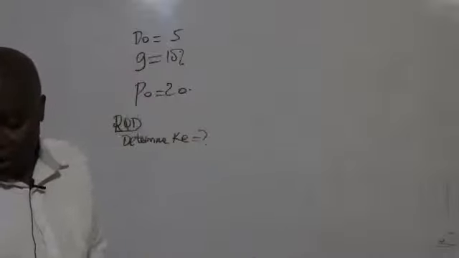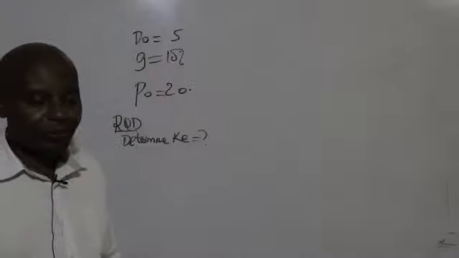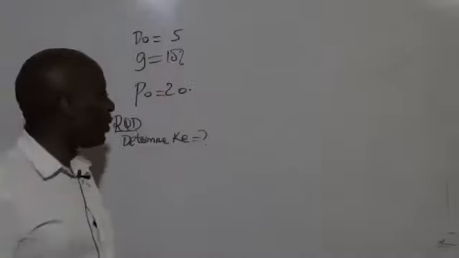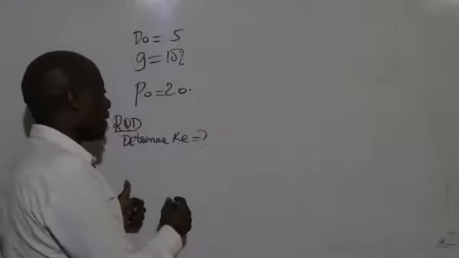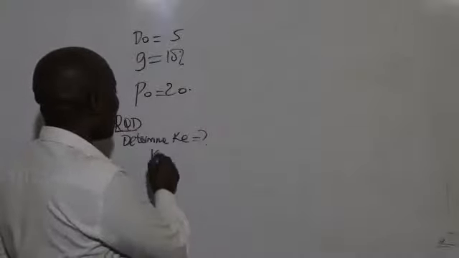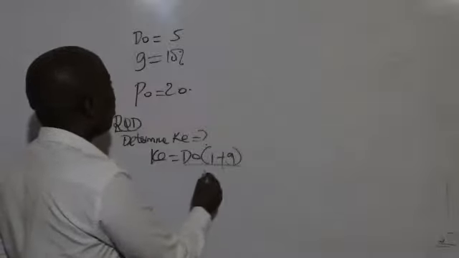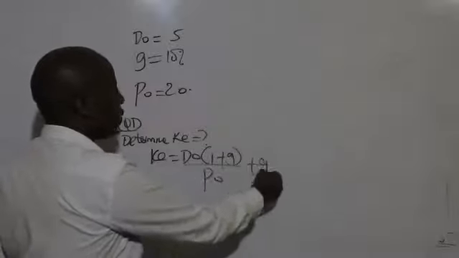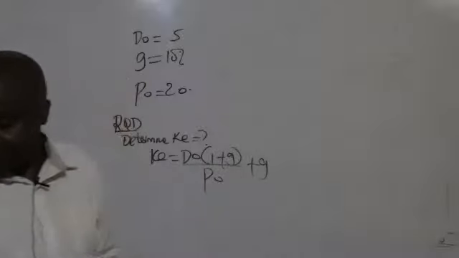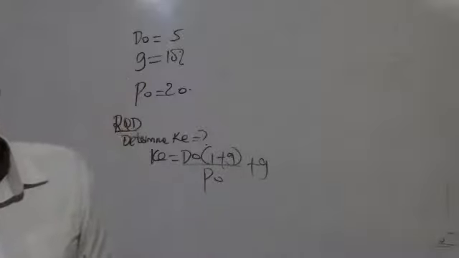How do we get cost of equity? Cost of equity here will be quite an easy thing to get. To get cost of equity, I'll take D0 into 1 plus g, all over P0, plus g.